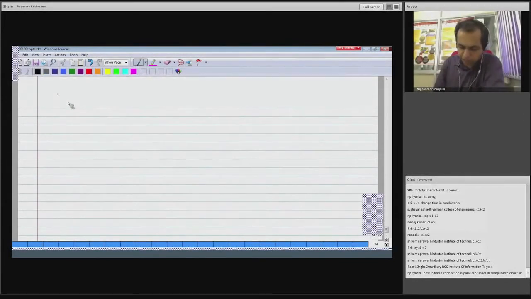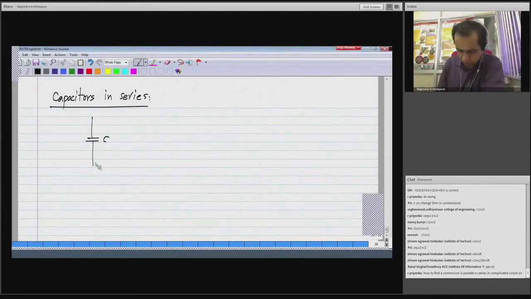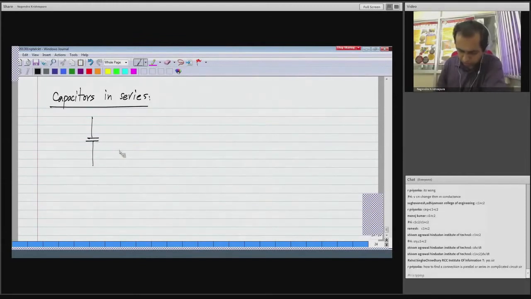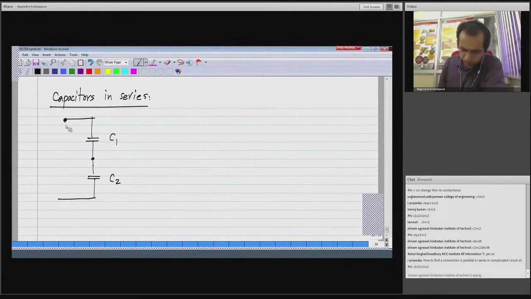Similarly, if we have capacitors in series, what will be the equivalent looking into these two terminals?